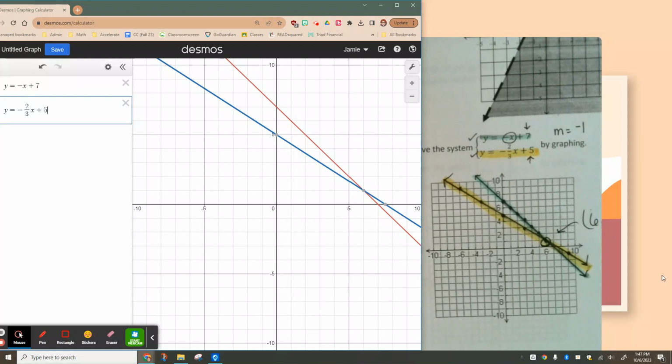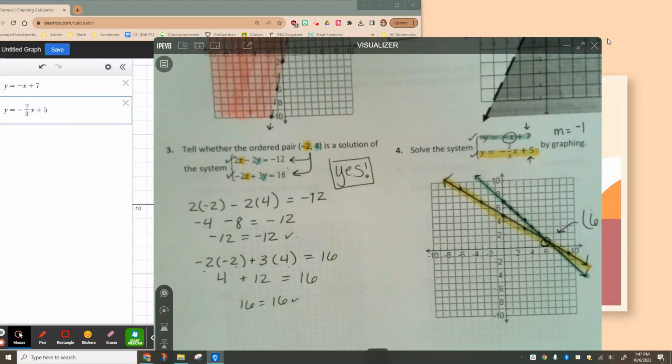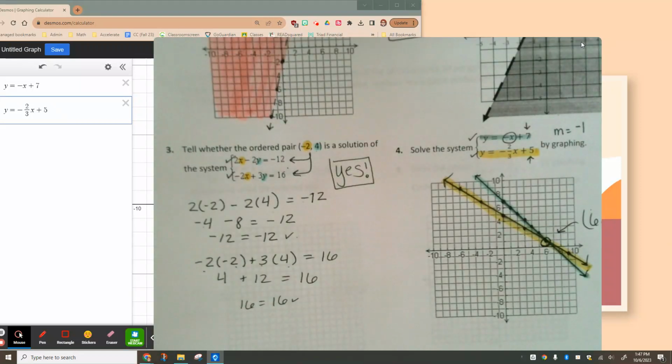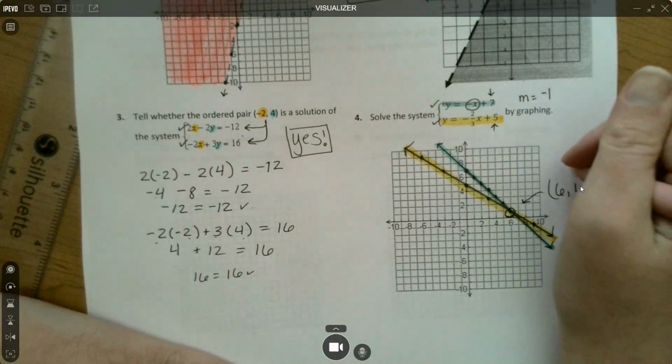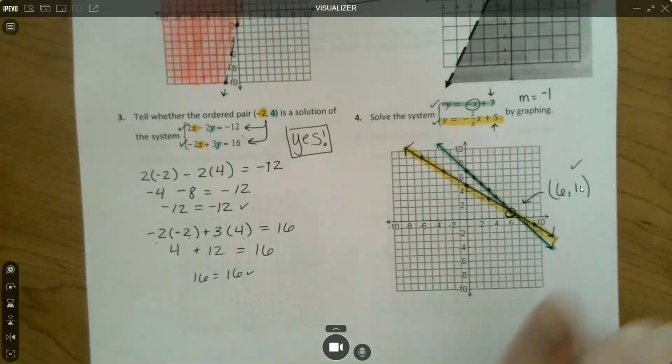Okay, that looks similar to what I've graphed, and my coordinates at 6, 1. There it goes. 6, 1 is our solution. That's what we got on Desmos, so pretty sure that's right.